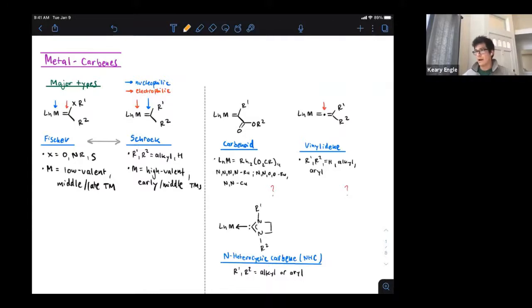There are several major categories of carbenes, but the 2 most central for thinking about structure, bonding, and reactivity are those shown on the left here: the Fischer type and the Schrock type. This defines two different extremes along a continuum of metal carbene properties and two different systems for electron counting, as we will see. So let's first consider the Fischer type.